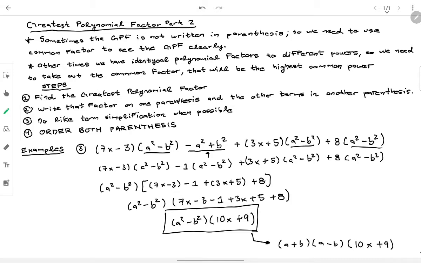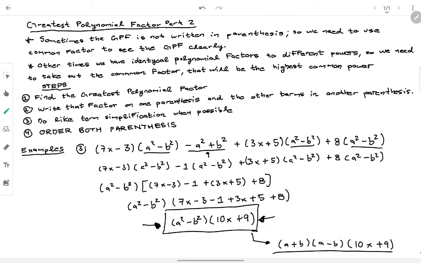But for this case, because we have only seen greatest common factor, this is going to be our final answer. In the future, we will be able to get this answer, but for this specific topic, this is going to be our actual final answer.